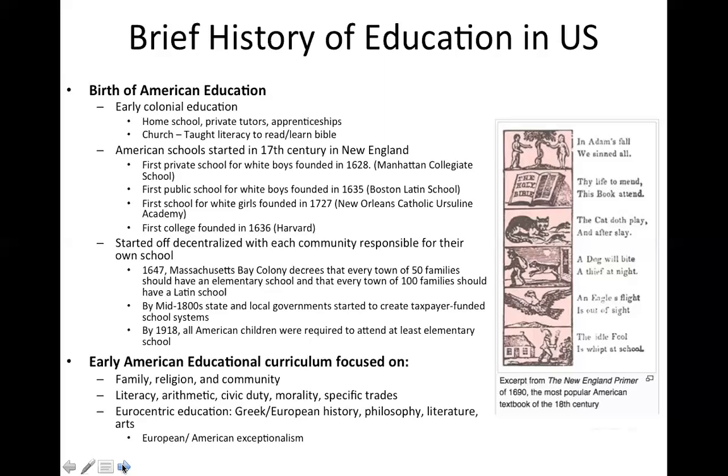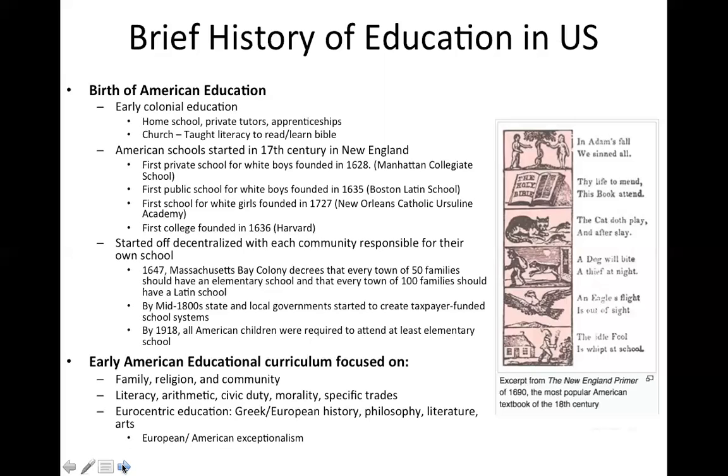I mean, some of these colleges started with land grants from the federal government, but that was after the United States was established in the late 1700s. For the most part, this was pretty hodgepodge. But then we start seeing this movement to centralize this, to create public education.